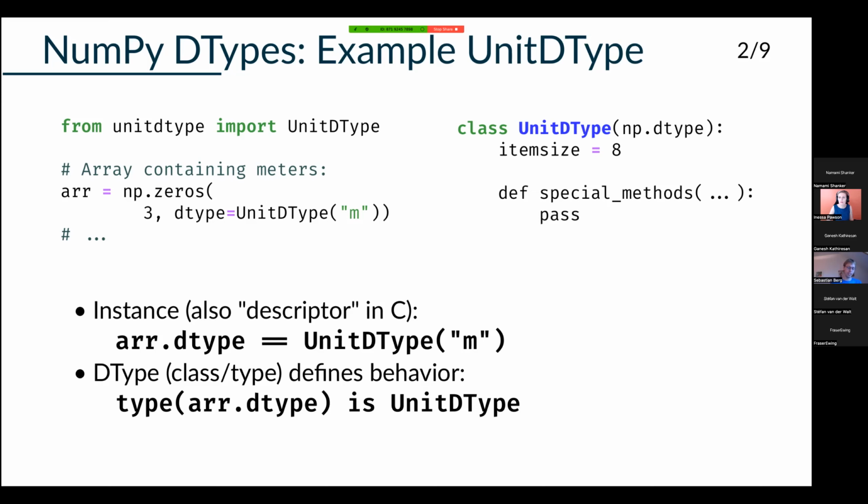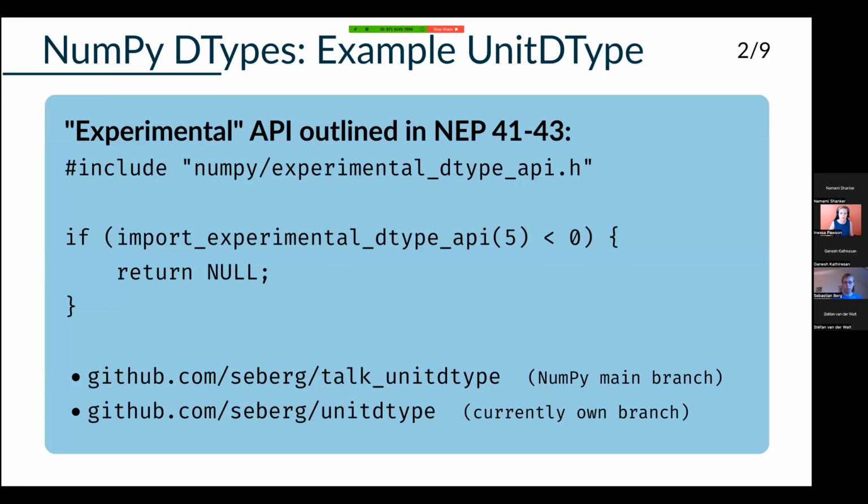But having a UnitDType is not very useful unless we also can do math with it. So I want to dive into that first. But to do that, you still need to use an experimental API. All of the things that I showed you, you can actually try out, but it's not quite settled yet. There are still things that might change.